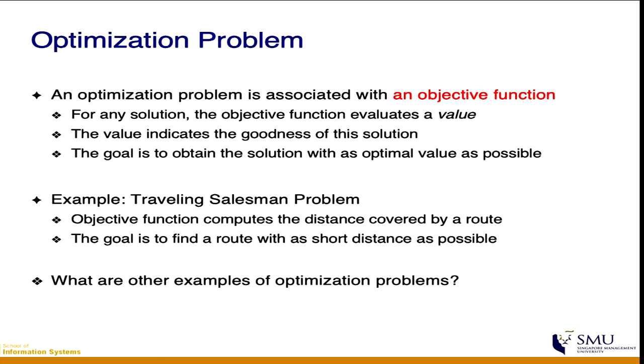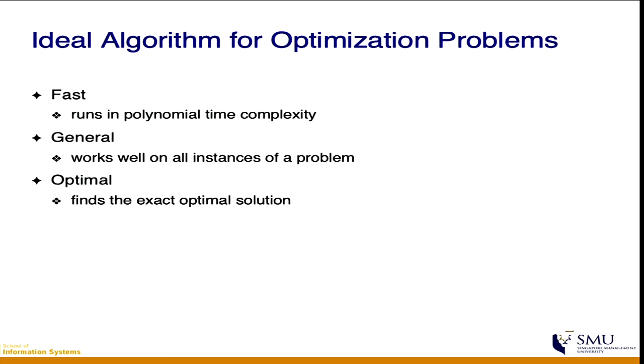Now, if you want an ideal algorithm for optimization problems, in general, you want these 3 criteria. The first is that it's fast, because you don't want to wait very long for a solution. For practicality, we define fast in terms of whether it can run in polynomial time. Polynomial is n, n squared, n cubed, and so on.